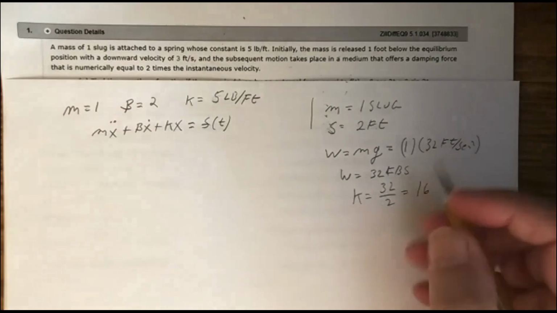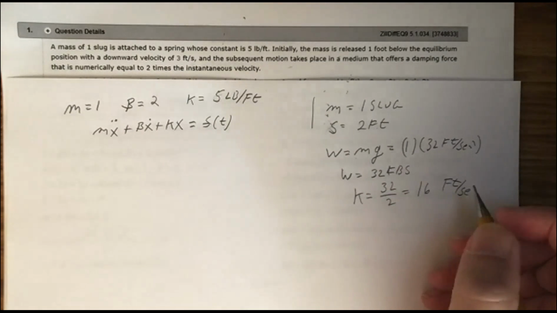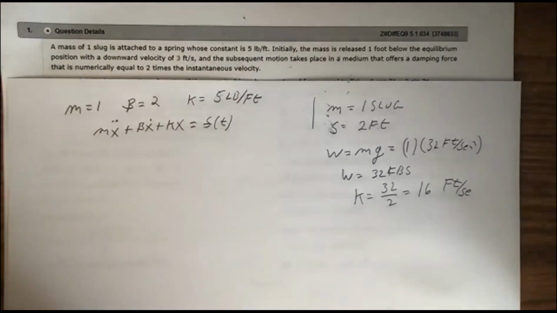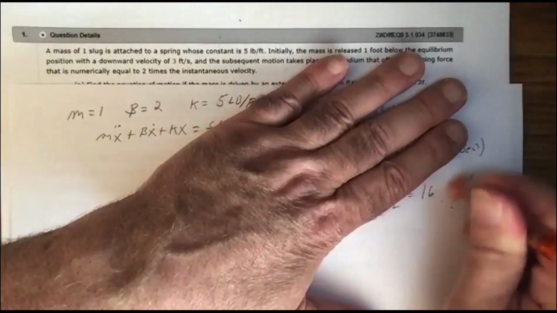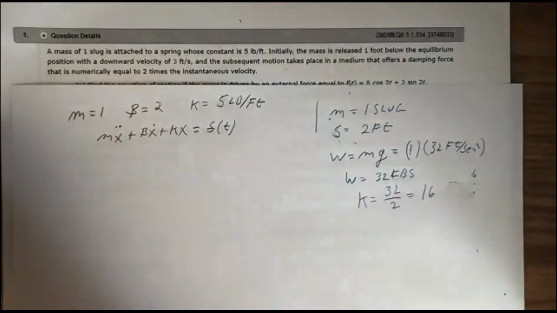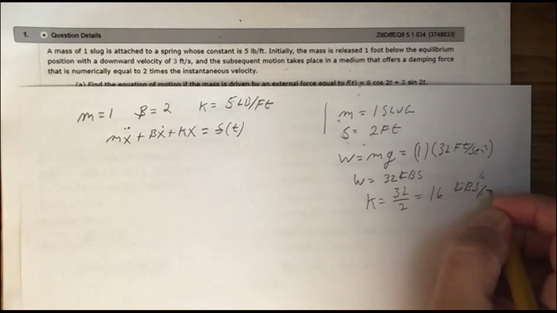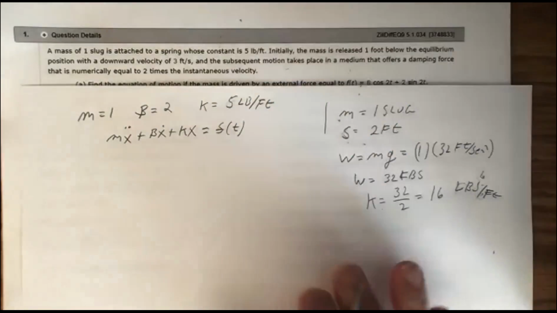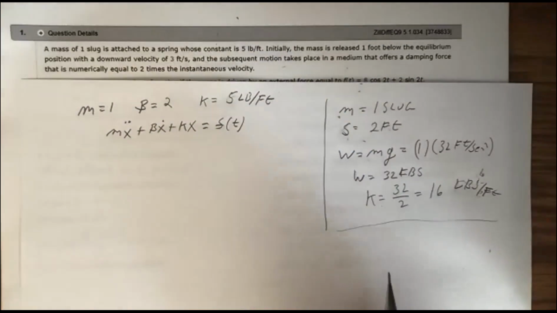So the spring constant would be 16 pounds per foot. Okay. Make sure you understand this. You do need that for the exam.